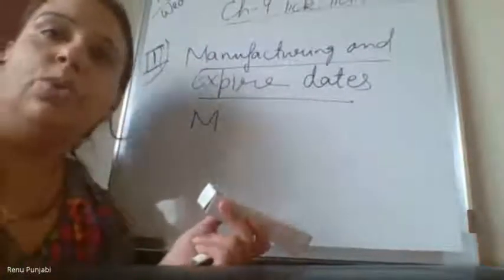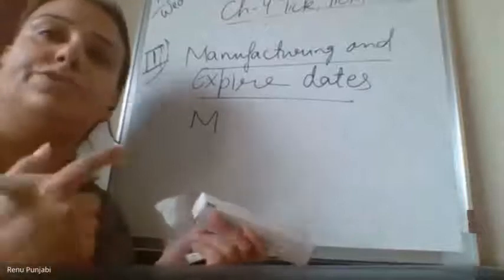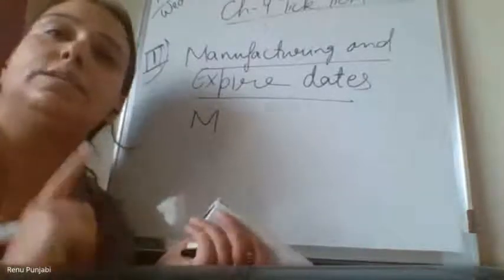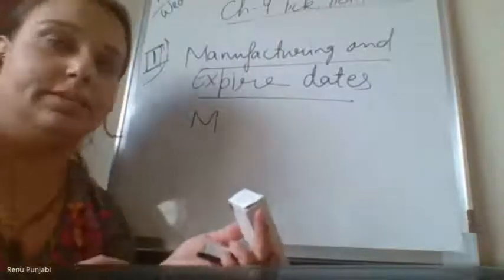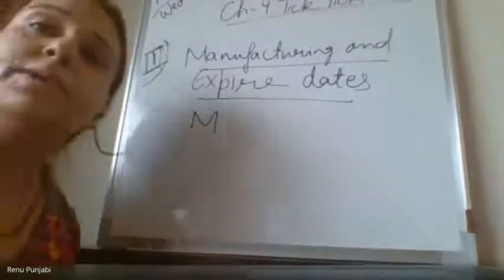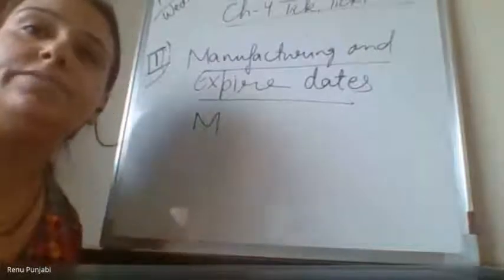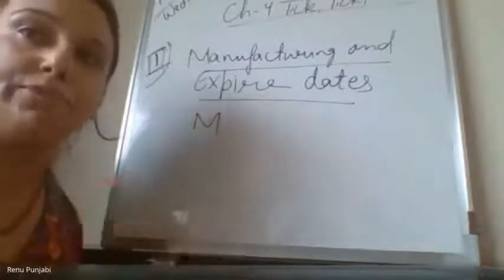So whenever you go with your parents to purchase something, please check the expiry date and the manufacturing date. It is compulsory to check, because after the expiry date, we will not be able to use that product.